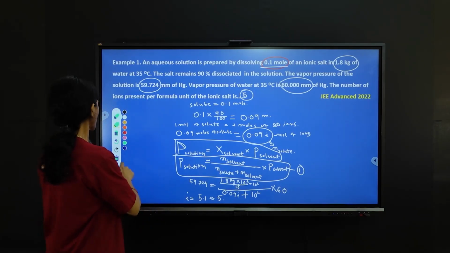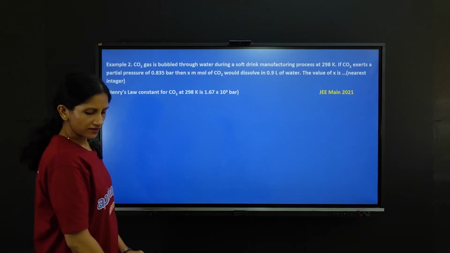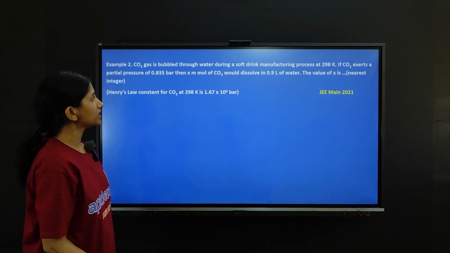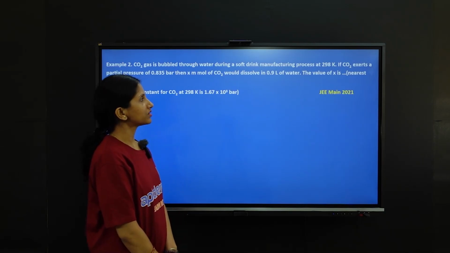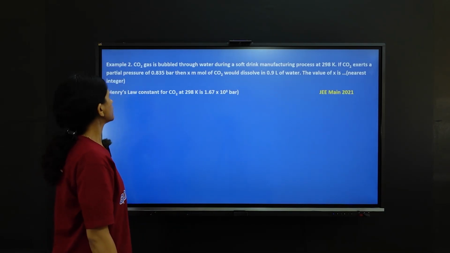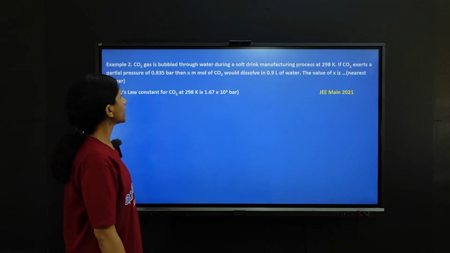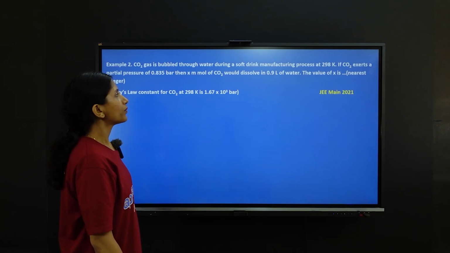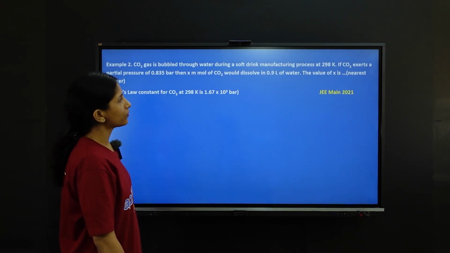Very simple. Now let's move on to the next one, where it is asking that CO2 gas is bubbled through water during a soft drink manufacturing process at 298 Kelvin. If CO2 exerts a partial pressure of 0.835 bar, then X millimole of CO2 would dissolve in 0.9 liter of water.